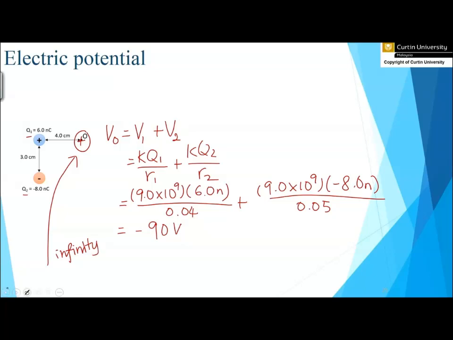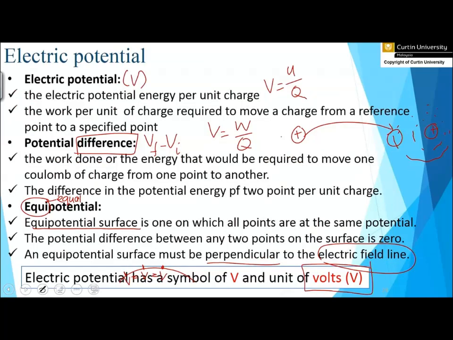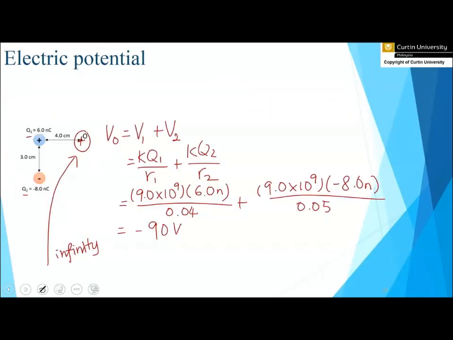Alright, so if we refer back to our previous formula, V equals work done divided by Q, correct? Rearranging this, we get W equals Q times change in V, because you need a difference in potential before you can do work.